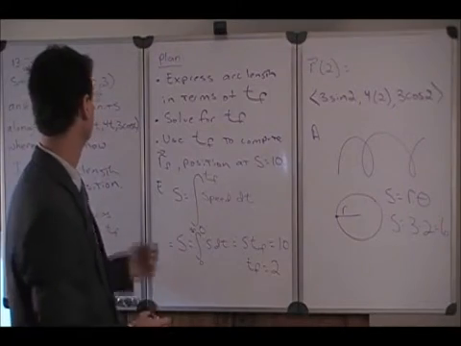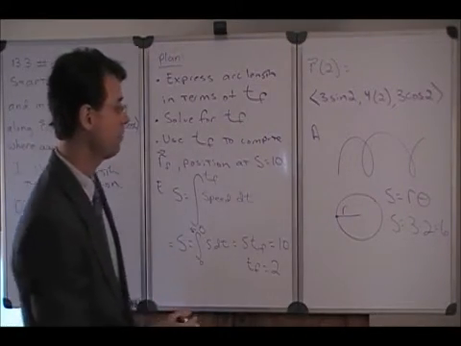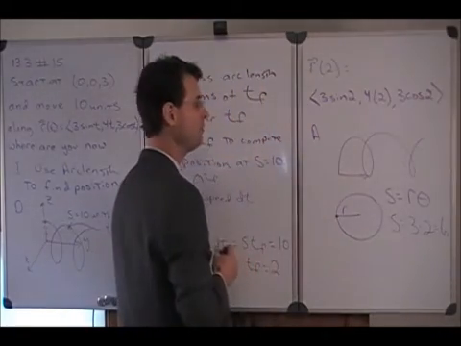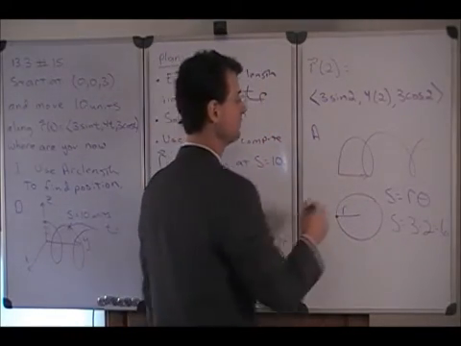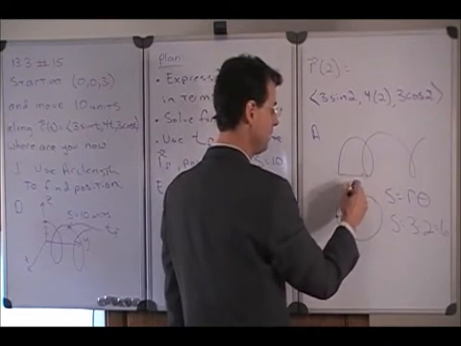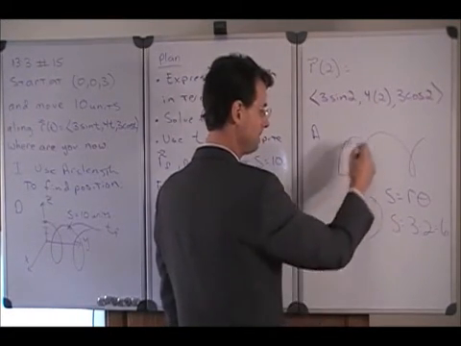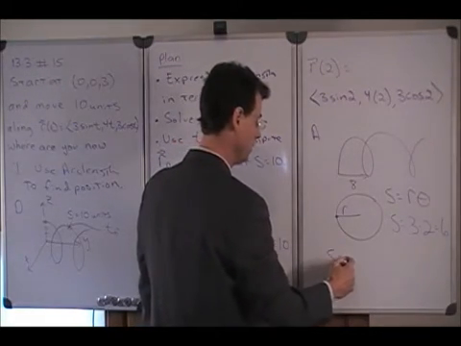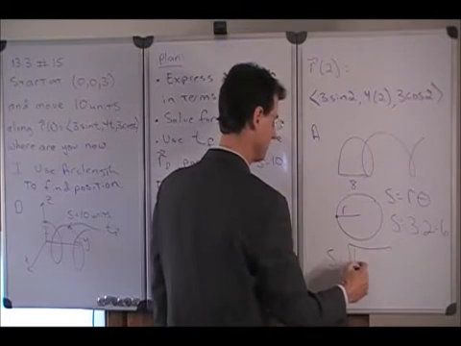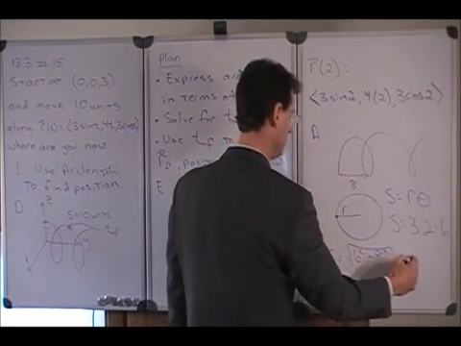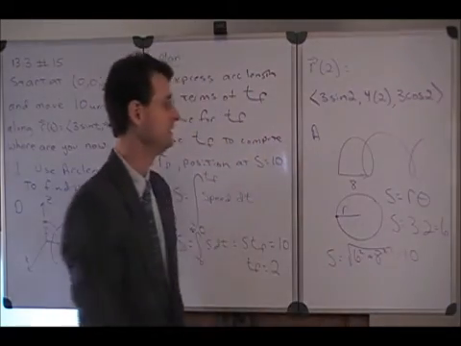And we can also think about how much we moved in this direction. The distance that we've gone is 8 because that's the y direction. And these coordinates are orthogonal to each other, so the total arc length would be the square root of 6 squared plus 8 squared, which is 10.